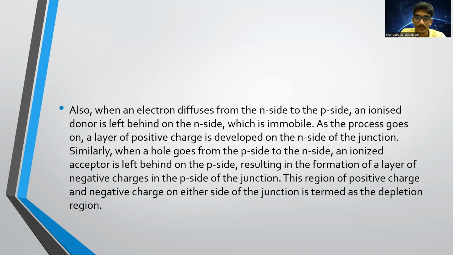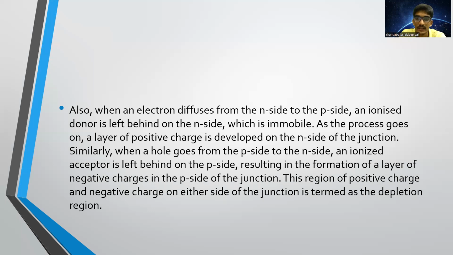The holes go from the p side to the n side, so as a result, negative charge is generated in the p-side material. The free electrons in the n-type go to the p side, which makes positive charges generated in the n-type semiconductor.